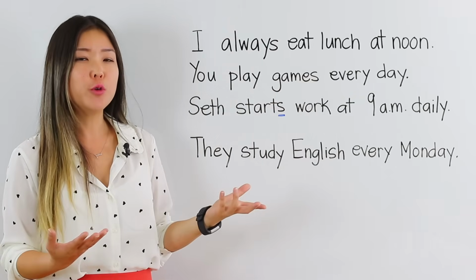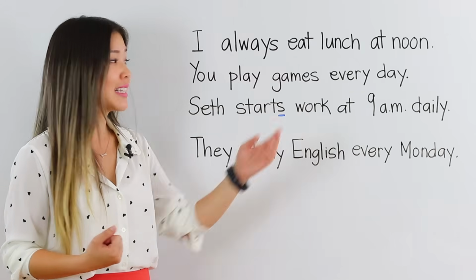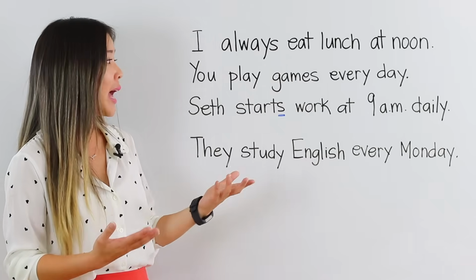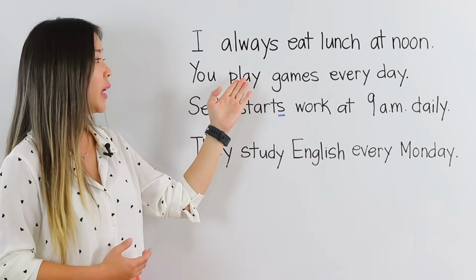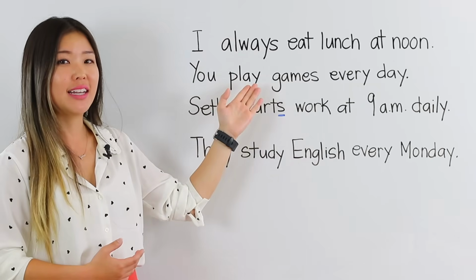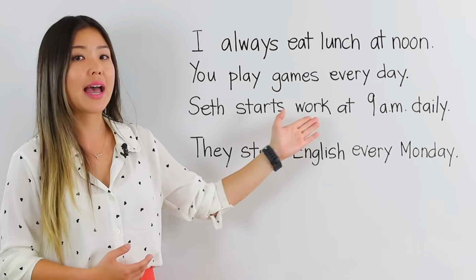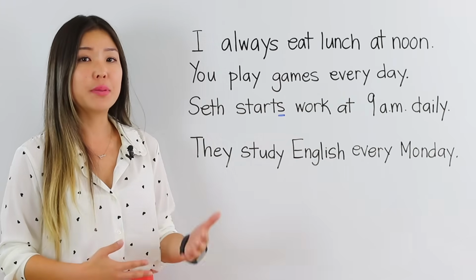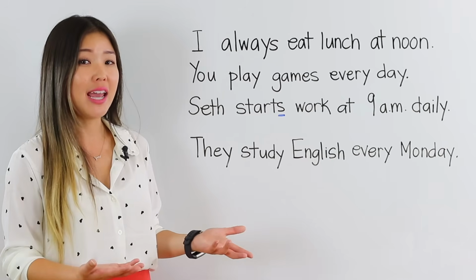Do you see the clue that helps you know that this is something that happens regularly? It's every day. So it's something that happens as a routine or a habit. So you play games. The verb here is play. You play. The next example says Seth starts work at 9 a.m. daily. Again, this is something that happens regularly. Seth goes to work at 9 a.m. every day.